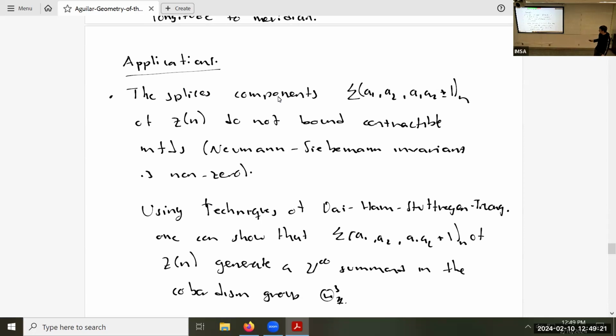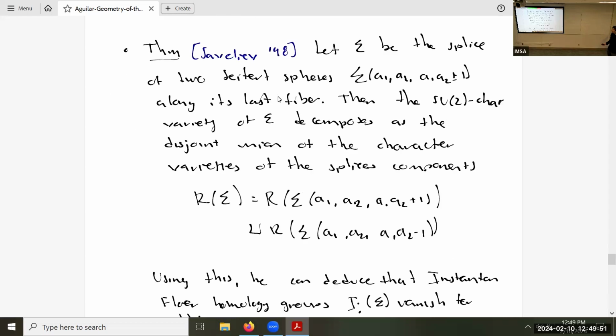And then using some techniques of Dai, Stoffregen and Truong, one can show that they actually generate a Z-infinity summand in the homology cobordism group. So one can have some applications in low dimensional topology, and the applications to algebraic geometry are not there yet.